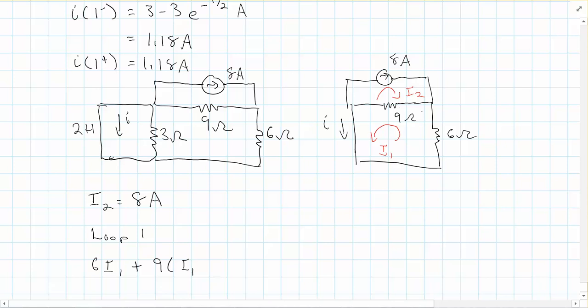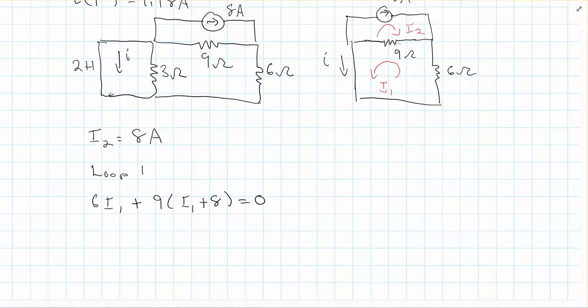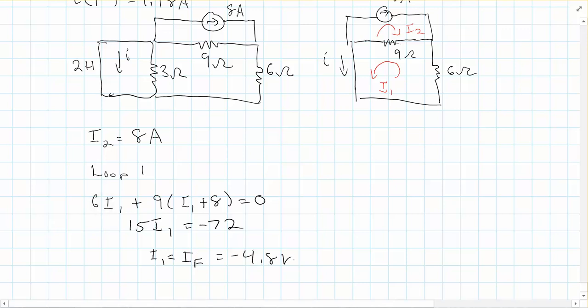This one's going this direction here, and the I2 too, so they're going in the same direction, so plus 8 is equal to 0. So we get 15I1 equals negative 72, and then I1, which is equal to I final, is negative 4.8 amps. I wrote volts there, but this is current, so this is amps.